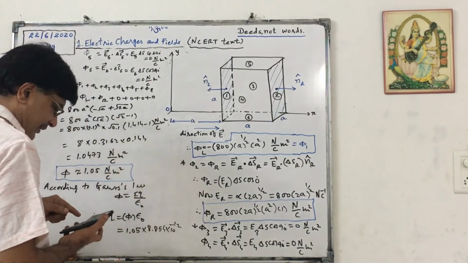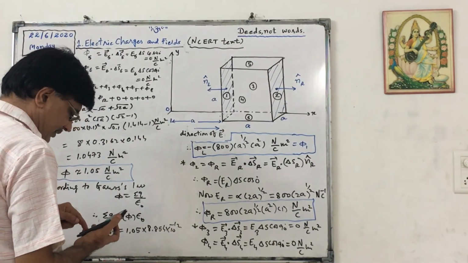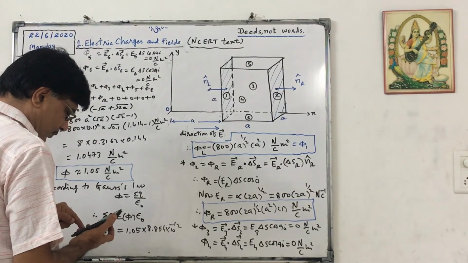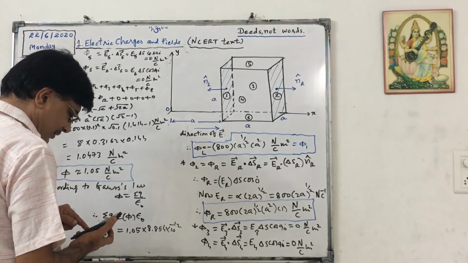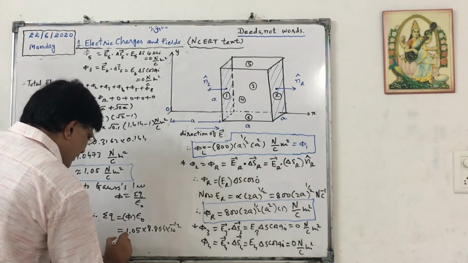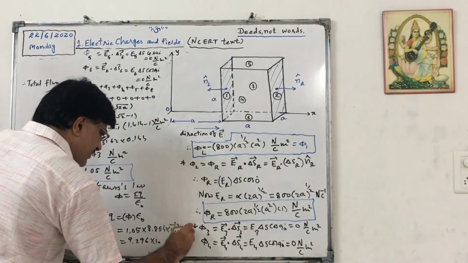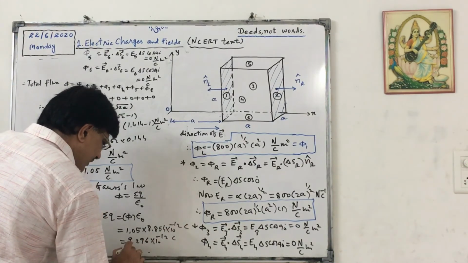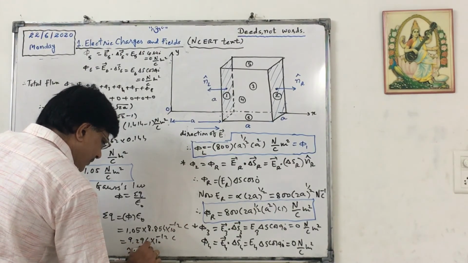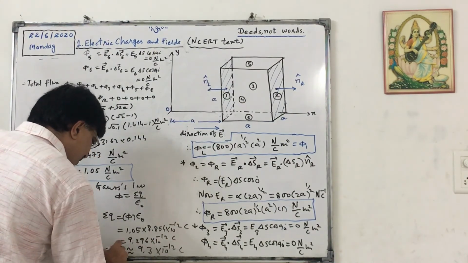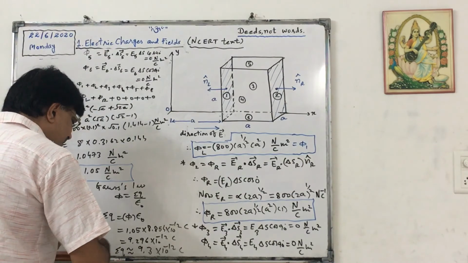So 1.05 into 8.854 is 9.296, into 10 raised to minus 12 Coulomb. In the text they have taken it as nearly equal to 9.3 into 10 raised to minus 12 Coulomb. So that is the charge inside the cube.